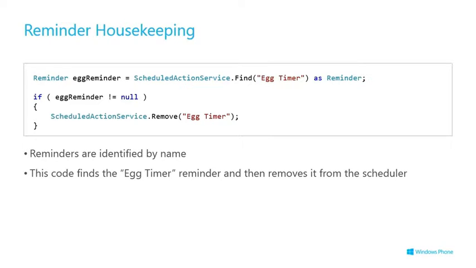Now, here's the deal. Because these are OS entities, because you registered this with the OS, it's not enough just to let the thing fire and then think it's all done. There is a limit of 50 of these things that can be stacked up per app at a time. But that includes ones that have already expired, if you like. So you've got to have code in there that will do housekeeping. You've got to remove them again.